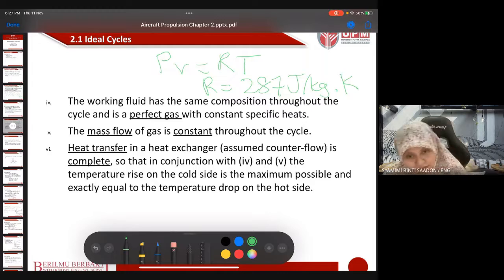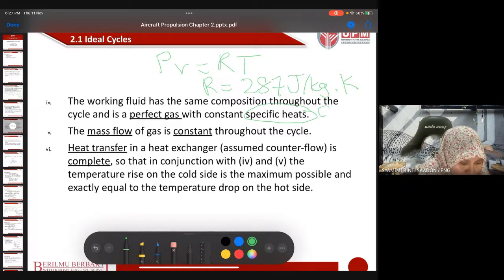Okay, constant specific heat. This specific heat has the same unit as R, the gas constant. Usually it is noted as CP, C with a small p at the end.